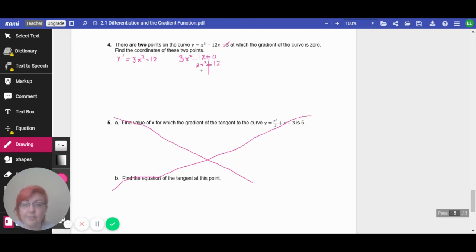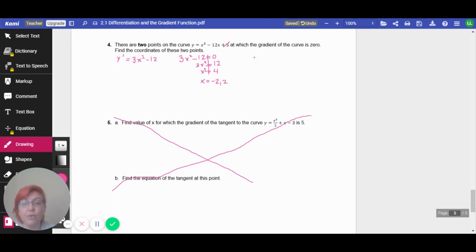I'm then going to divide by 3. So x squared equals 4. To take the square root then, your calculator will just give you 2, but remember that 2 times 2 is 4, but so is negative 2 times negative 2. So you have two values of x, you have negative 2, and you have positive 2.